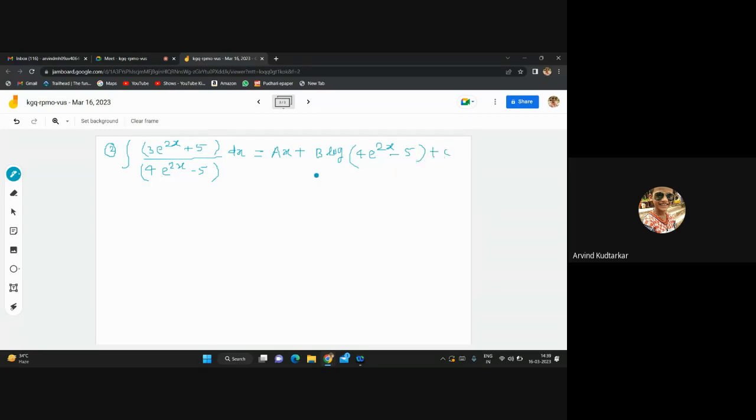Then what are the values of a and b? So a and then b.